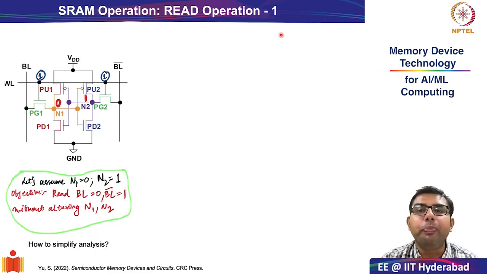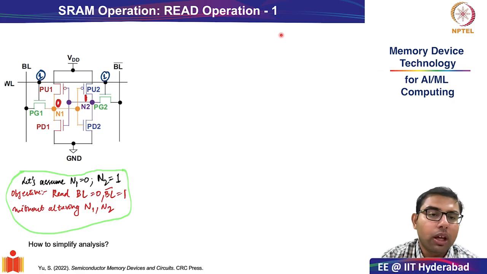In today's session, we will start looking at one of the most important fundamental operations of the SRAM cell, which is the read operation. Just a quick recap of the SRAM cell. This is a 6T SRAM cell where you have a cross-coupled inverter.